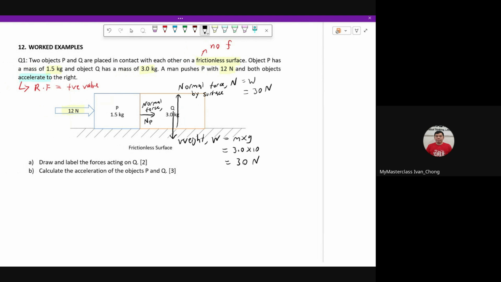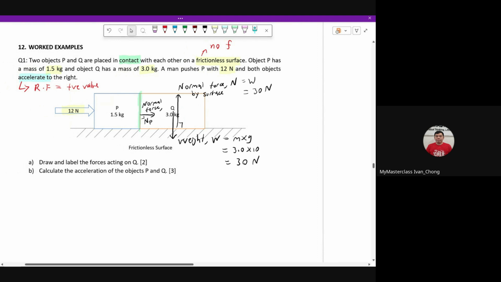Okay, and this is NP by the box P over here, because you have this contact surface area and they tell you they're in contact. So you have another normal force that is 90 degrees over here. Okay, looks a bit messy, but make sure to write your words clearly and nicely so that the markers know what you need. Okay, so all in all, you should have 3 forces.